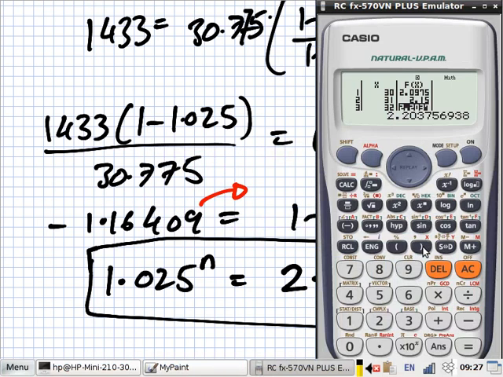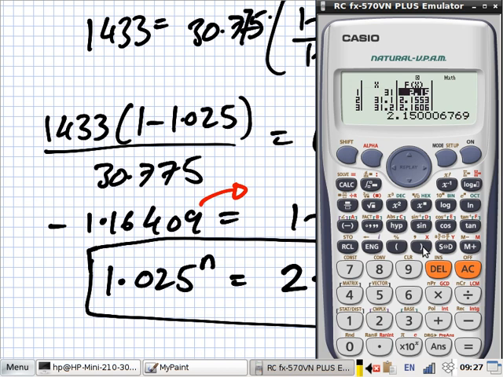If you have to round the answer off, you'd say 31. Okay? Now, if you wanted to be even more precise, we know the answer is between 31 and 32. So I'll start at 31 and finish at 32 and go up in 0.1s.